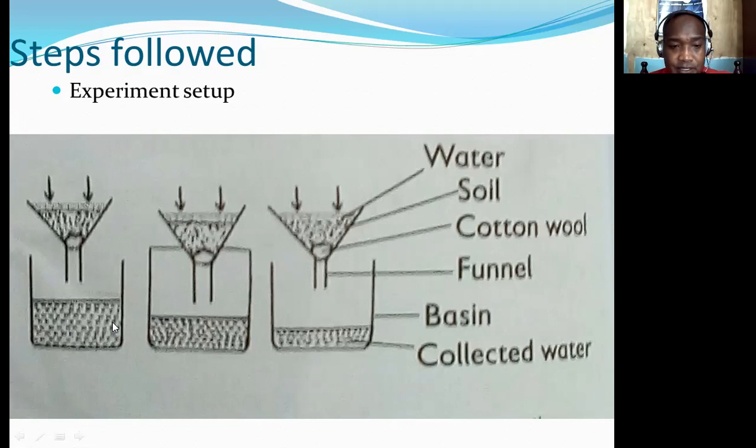Soil with high water retention has poor drainage.